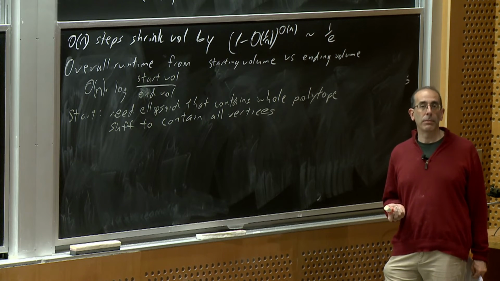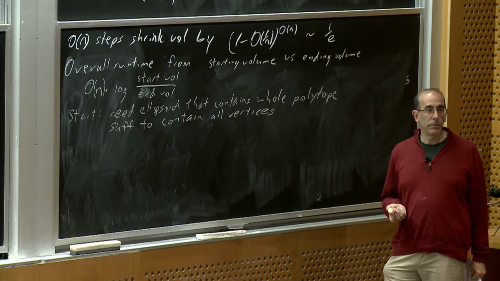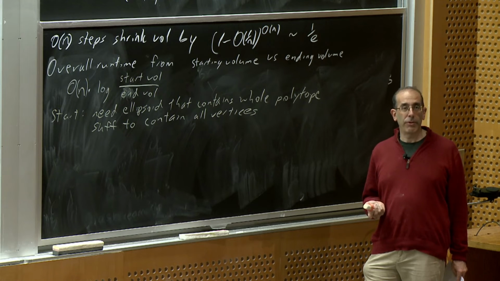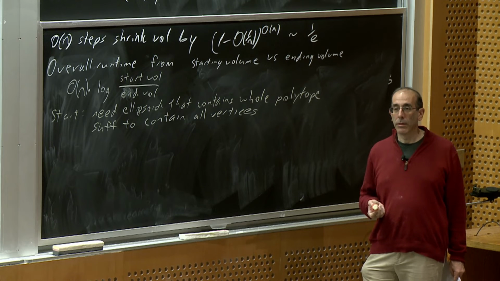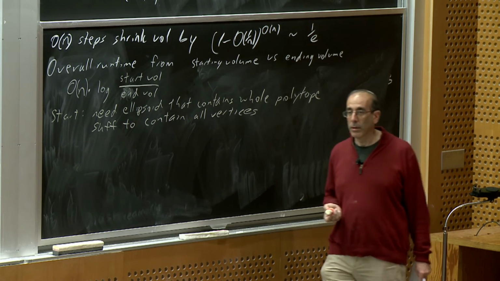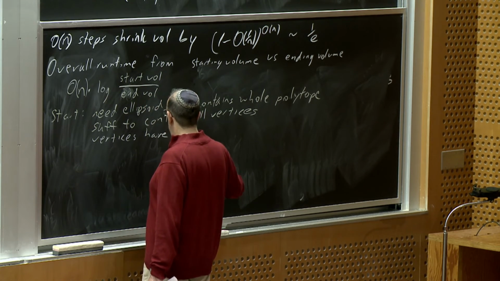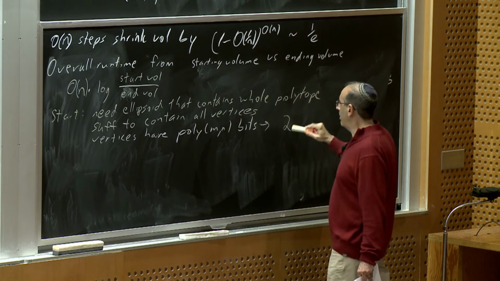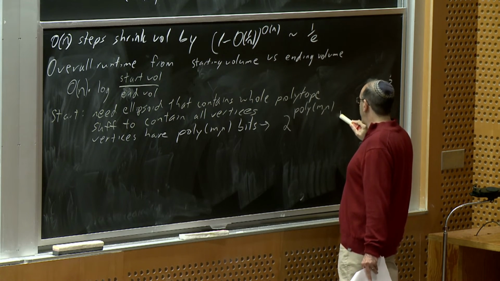And what do we know about that? Can the vertices be infinitely large numbers? Yeah? I guess we showed that we could represent them with polynomial space. Exactly. Vertices have poly of mn bits, which implies that they have at most 2 to the poly of mn magnitude, or value.